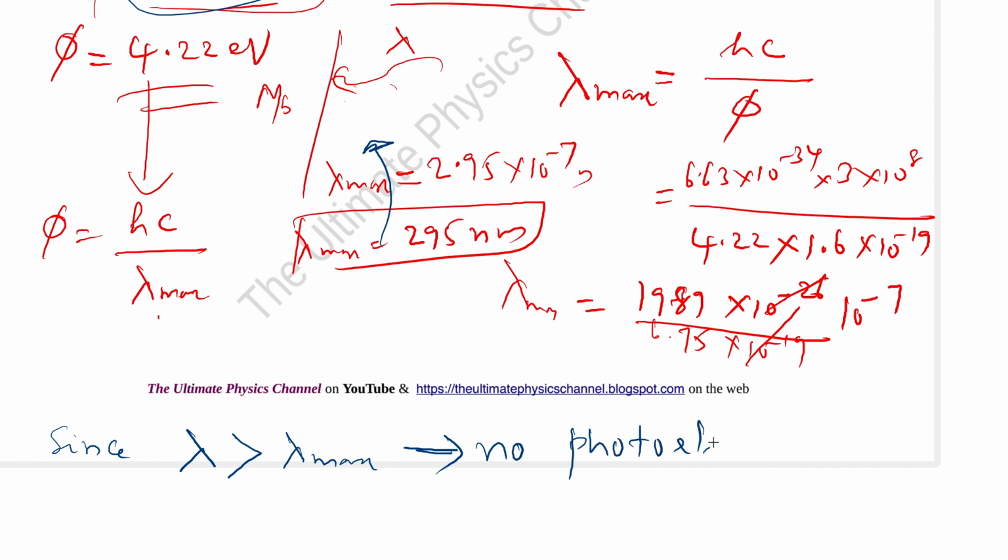That is the question, right? Yellow light of wavelength 560 nanometers, can it cause photoelectric effect? No, it won't cause photoelectric effect in molybdenum. That is the answer. Let's move on to the next problem.